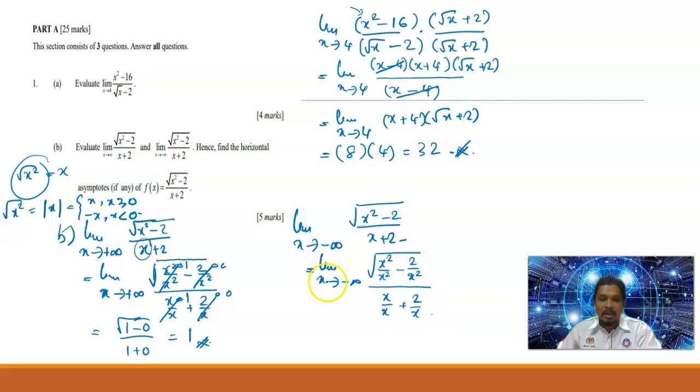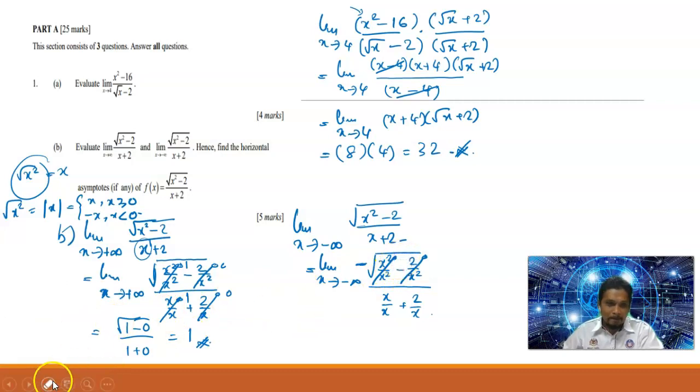And because x is approaching negative infinity, we come up with a negative sign here. For this one, it's approaching positive, so we add nothing. We consider this one as positive here. But for this one, we add a negative sign. And then as x approaches negative infinity, for this one, we equal 0. Okay, wait, it's not 0 then.